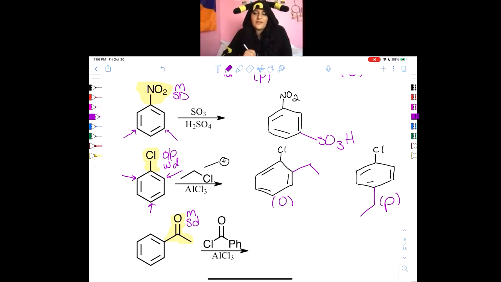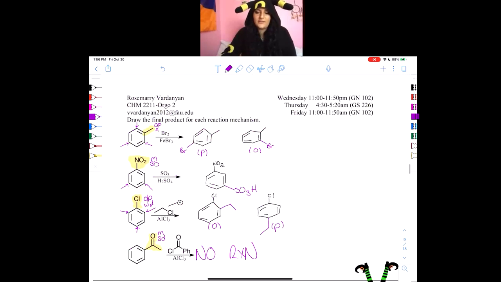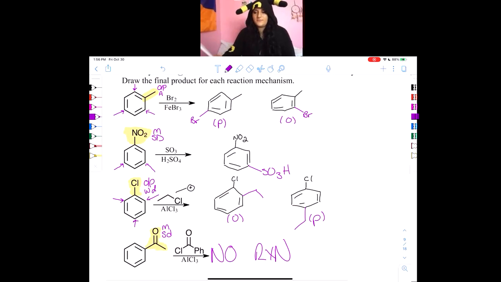But before we do any of that, what kind of reaction is this? Yes, it's a Friedel-Crafts acylation, and so Friedel-Crafts cannot happen with a strong deactivator, so this would be no reaction. And I can zoom out so you guys can take a look at that.